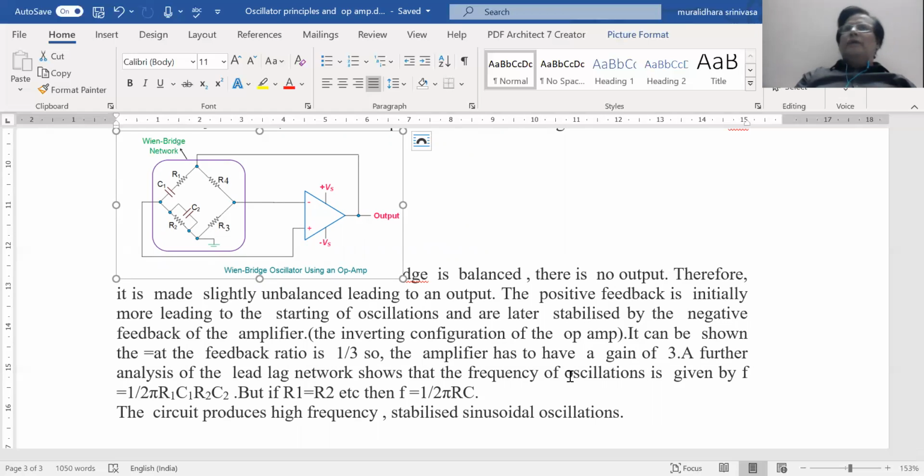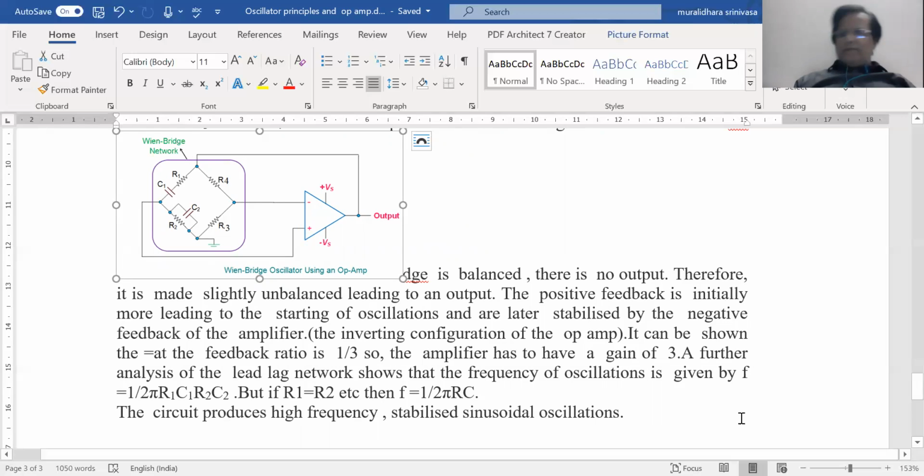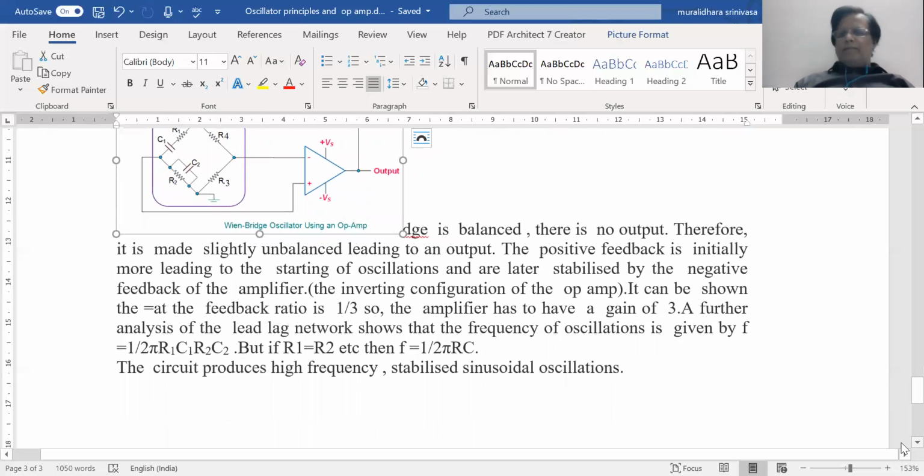Because these circuits have selectivity, they tend to amplify the signal or the output frequency that they are establishing because of their values. Ultimately, when the system stabilizes because of the negative feedback that you are given, and the gain becomes 3, the frequency set up by this lead lag network is the frequency at which the system begins to oscillate.